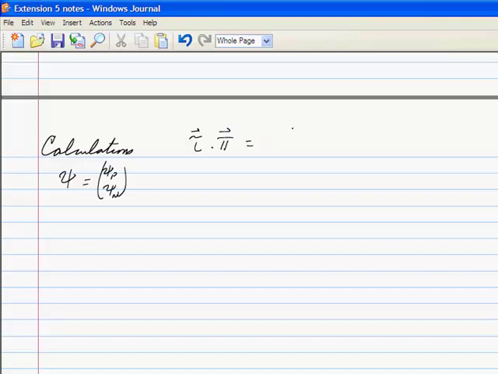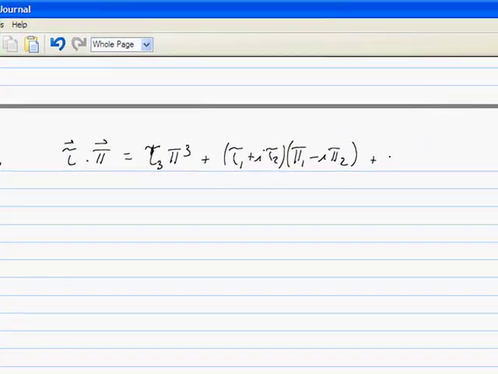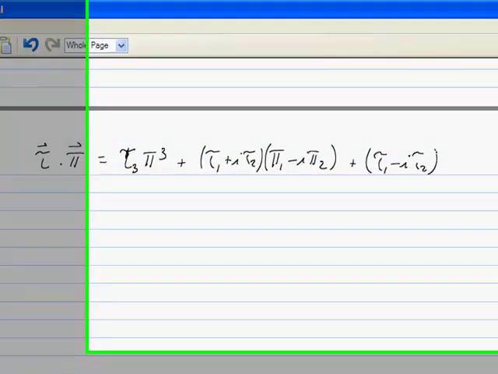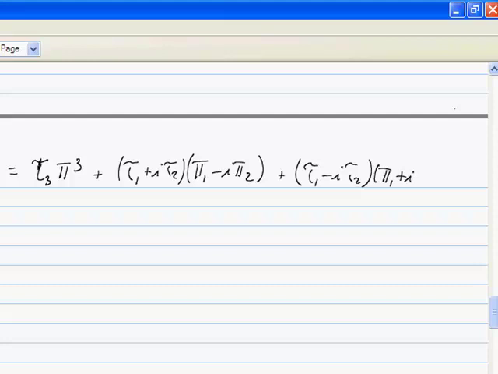Tau dot pi is tau 3 pi 3 plus tau 1 plus I tau 2 pi 1 minus I pi 2, plus tau 1 minus I tau 2 pi 1 plus I pi 2.